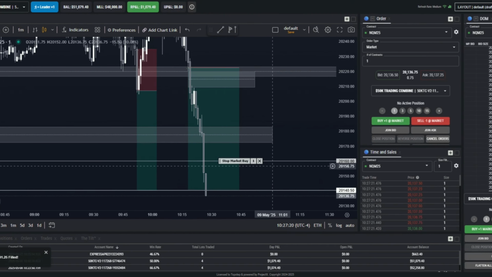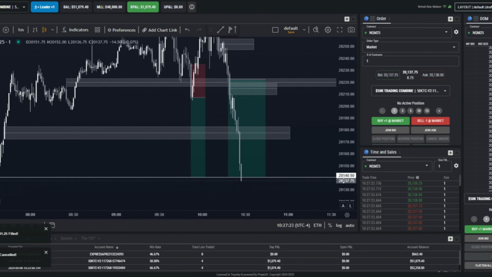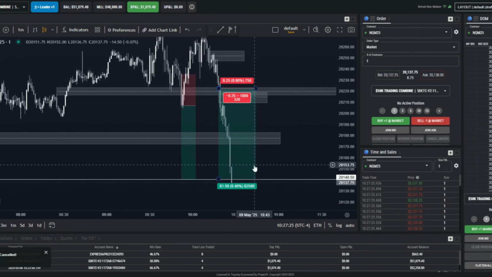Order filled. And that's where we're at, boys. $1,000 on the combine, 81 points to the downside.